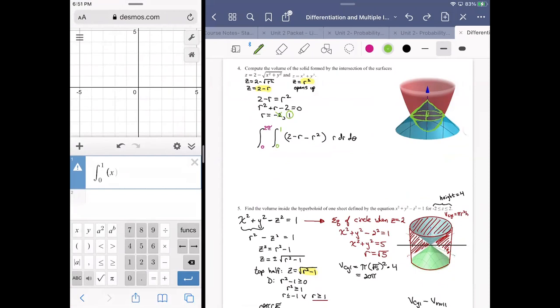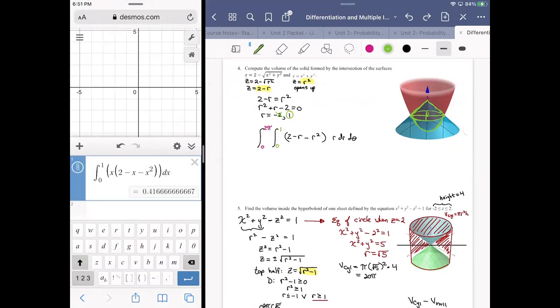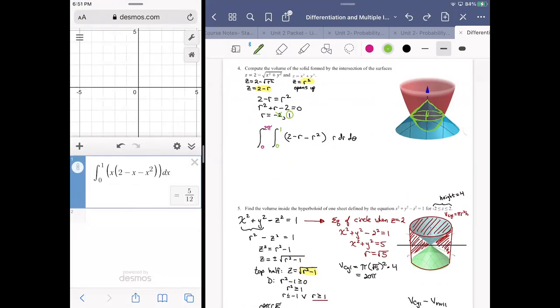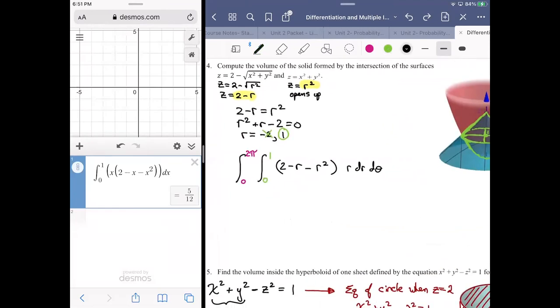So x times the quantity 2 minus x squared, close them up twice. I've got the x for this r, the r d theta, so I'm going to put in a dx now. That gives me something that's rational, 5/12.